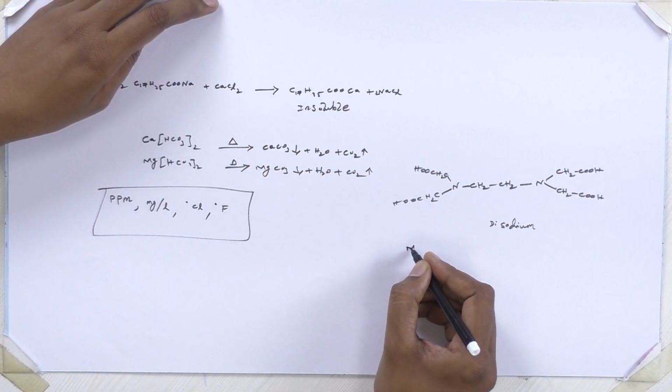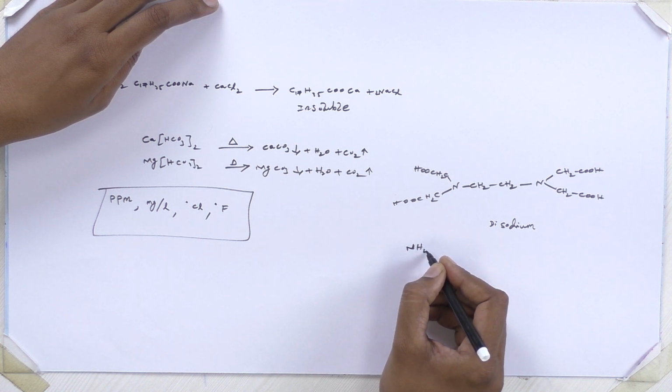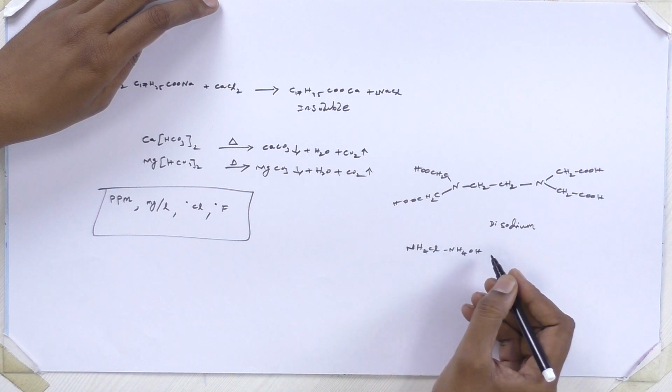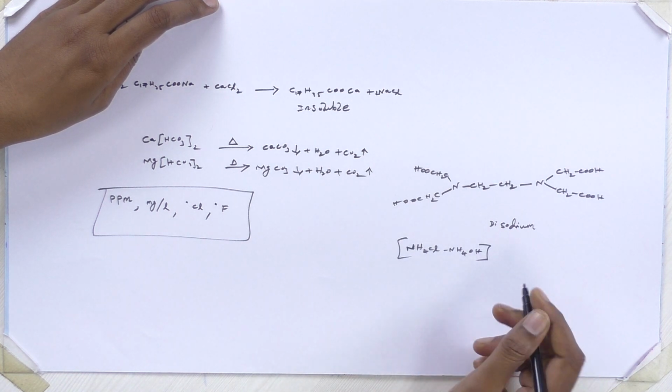We need to maintain the solution at pH 8 to 10. For maintaining this pH, we need to add ammonia buffer. Ammonia buffer is nothing but NH4Cl and NH4OH, ammonium chloride and ammonium hydroxide solution. This is known as ammonia buffer.